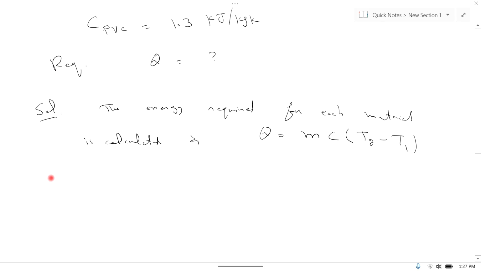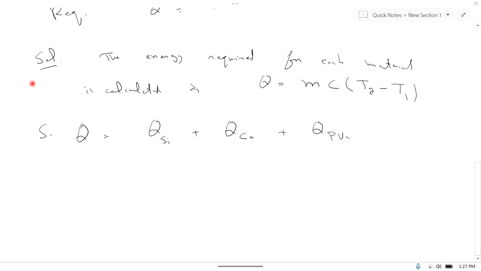So it means that total heat or total energy is energy of silicon plus heat or energy of copper plus heat or energy of PVC, polyvinyl chloride.